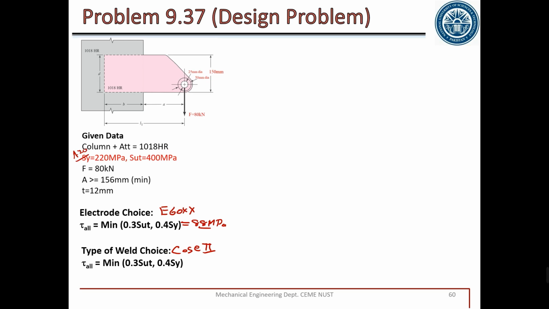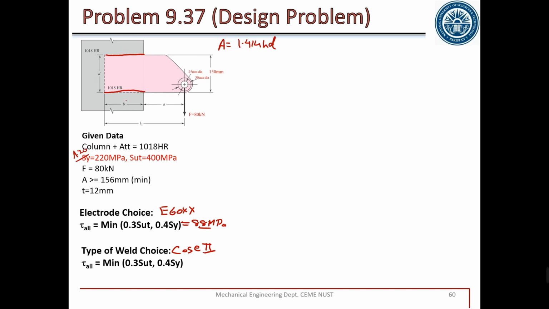For example, the weld area. The equation of area for case 2, because case 2 is parallel weld, is given as 1.414 H D, and this is D in this case.